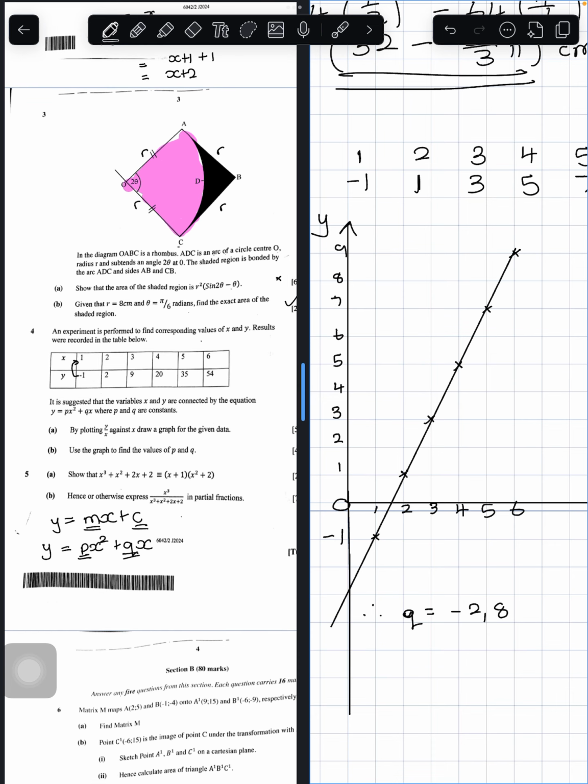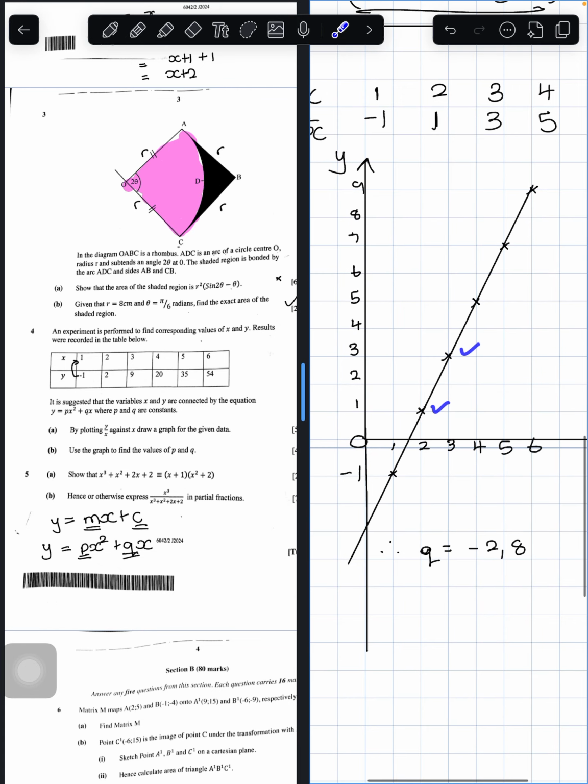Now we have to find the value of P, our gradient. For our gradient, you use the points. Even if you use the points on the table or the points on the graph, they are the same. So let's use this point and that point to find our gradient.